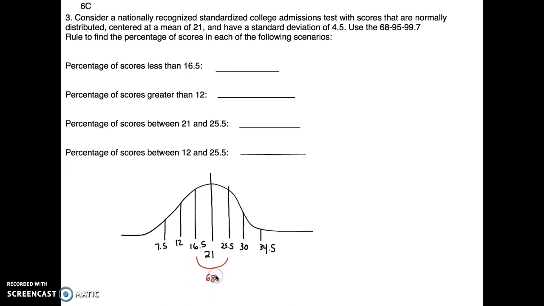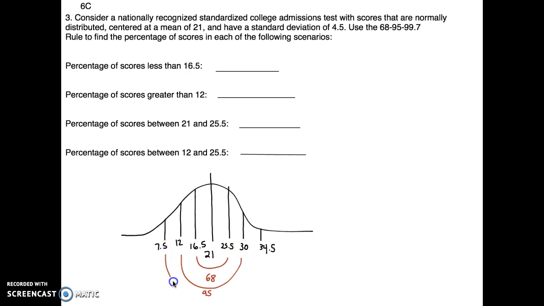So that means 68% of the numbers will fall between 16.5 and 25.5. And then if we look at the second one, 95% will fall within 2 standard deviations of the mean. So 95% will fall between 12 and 30.